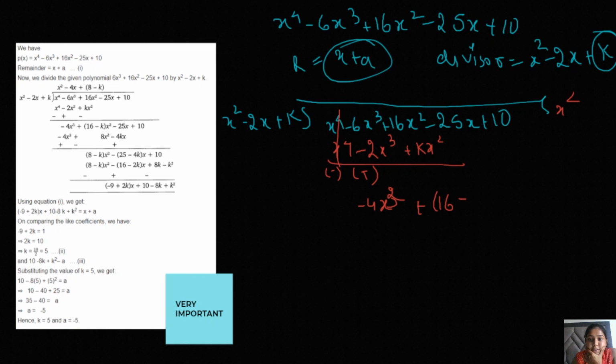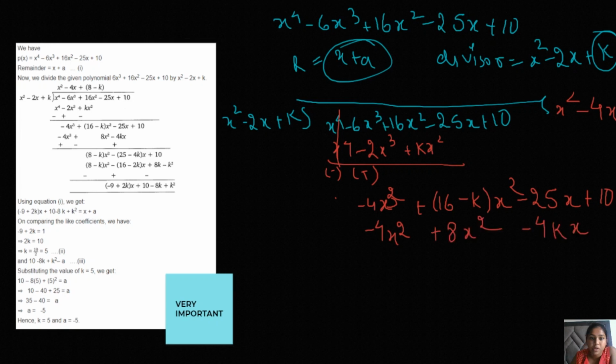Am I right? Now let's just divide by this. We are getting minus 4x. Okay, so minus 4x³ plus 8x² and then minus 4kx, right? Now just change their signs.